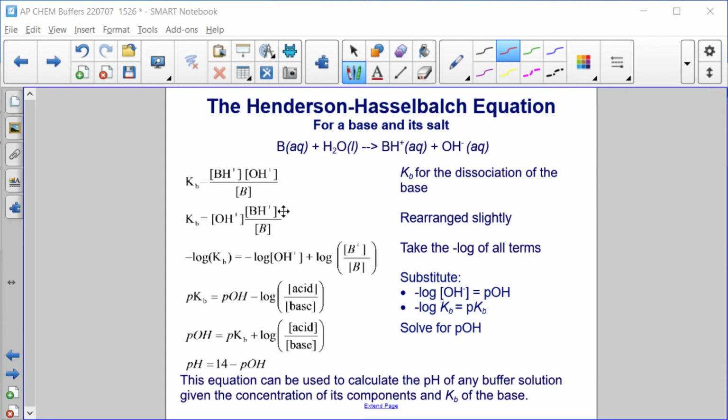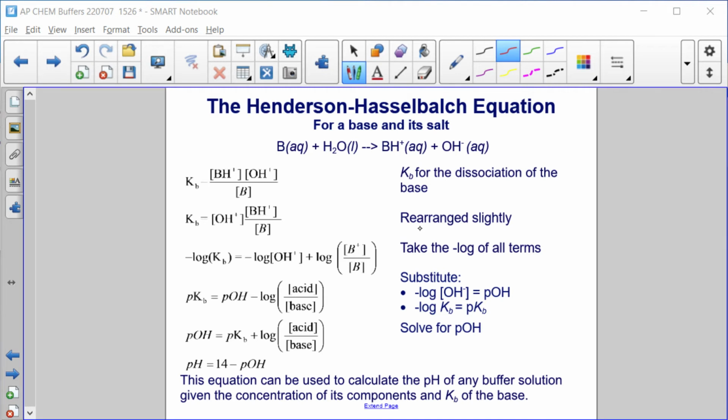Take the minus log of all terms to get pKb equals the minus log of the OH- concentration, which is the pOH, minus the log of BH+, the acid, over the base. And so pOH is the pKb plus the log of the concentration of the acid over the concentration of the base. Of course, then we can find the pH, 14 minus the pOH.